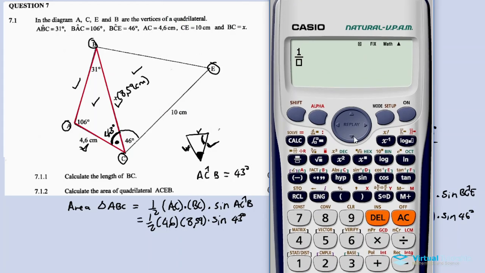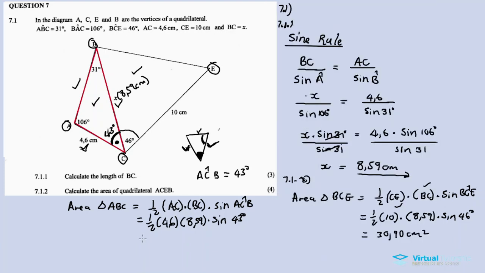Okay, 1/2 times 4.6 times 8.59 times the sine of 43 degrees. Our answer is 13.47 centimeters squared.